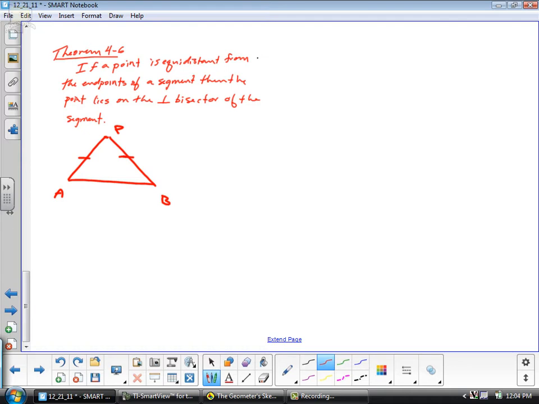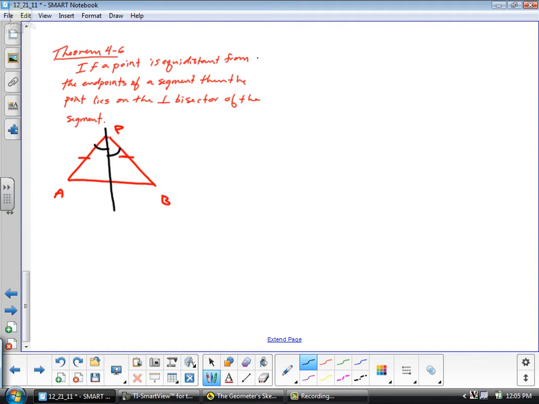Now, if I draw the bisector of the vertex angle of this isosceles triangle, we have a theorem about that. The bisector of the vertex angle of an isosceles triangle is perpendicular to the base at its midpoint. That is actually a corollary of the theorem that deals with isosceles triangles.